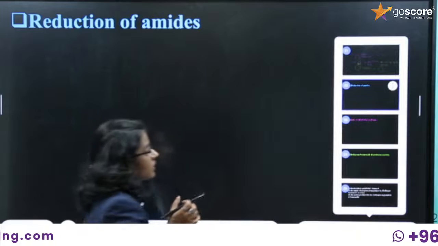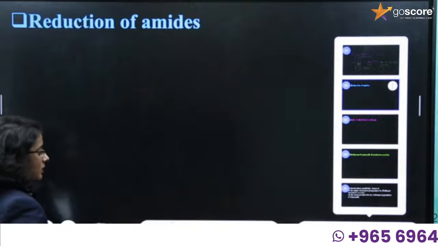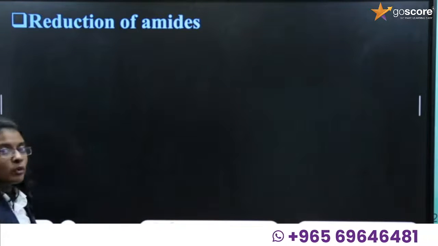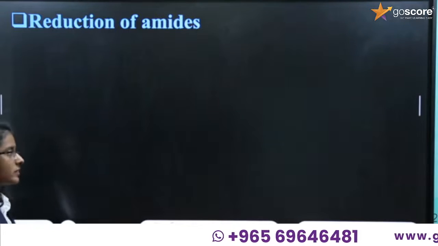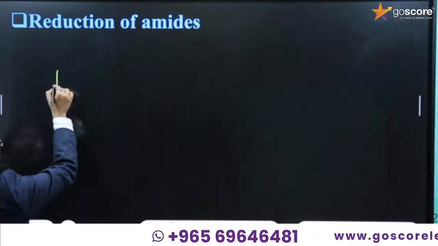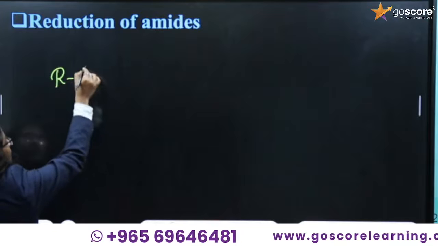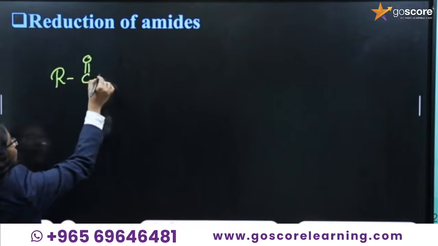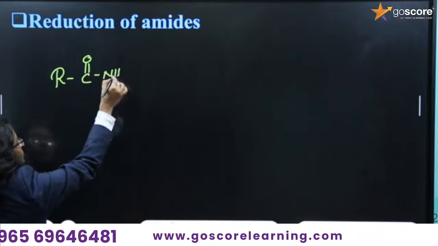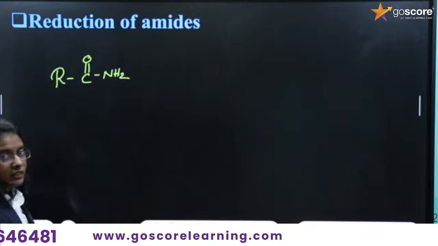Next one is reduction of amides. So what's the general formula of amides? R C double bond O NH2. Is it?